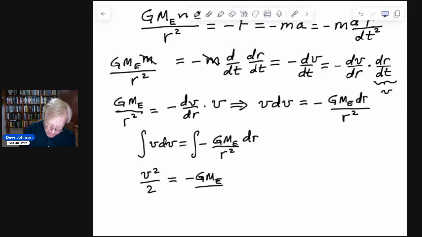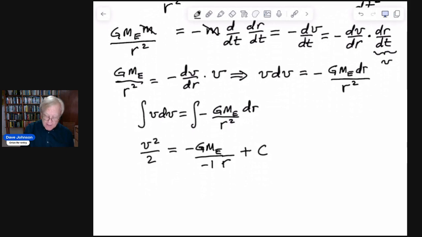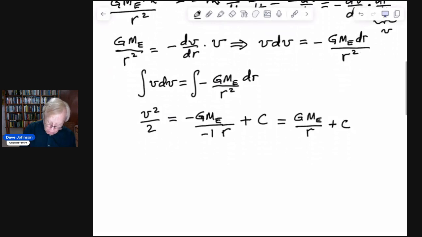So if I divide by negative 1 here and then put an r downstairs, that's going to be the integral. And we want our arbitrary constant. So let me just say plus c. Okay. Now these negative signs cancel, so we get GM sub e divided by r plus c. Okay. So at this point, maybe we want to figure out what c is.